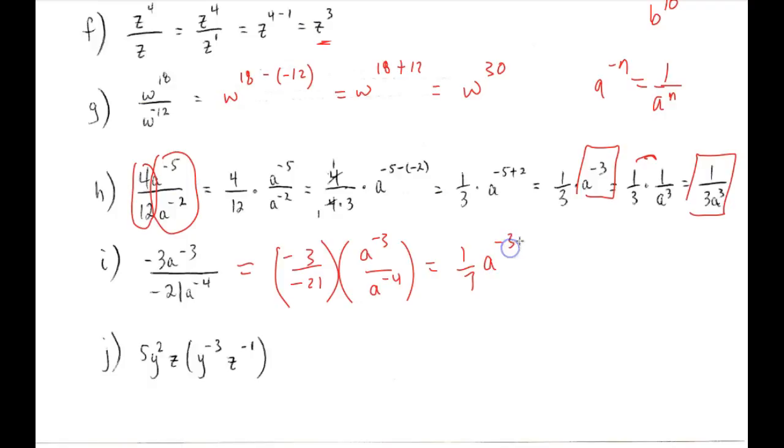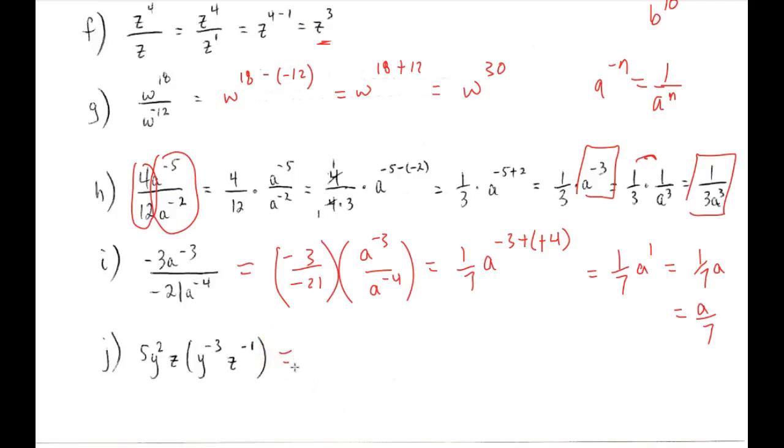We have a raised to the negative 3 minus a negative 4, which is addition, since subtracting a negative is addition. And so this will be a raised to the 1, which is the same as 1/7 times a, or a divided by 7.